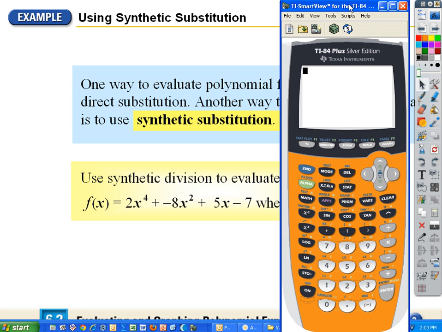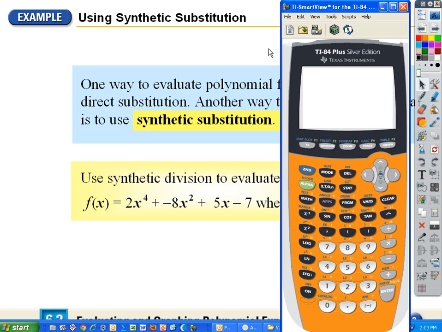Okay, so if we want to evaluate this polynomial at x equals 3 or any other value of x, one thing we can do is we can just plug in the polynomial. We can enter it in terms of x's. So I could say 2x to the 4th plus negative 8x squared would just be minus 8x squared plus 5x minus 7.